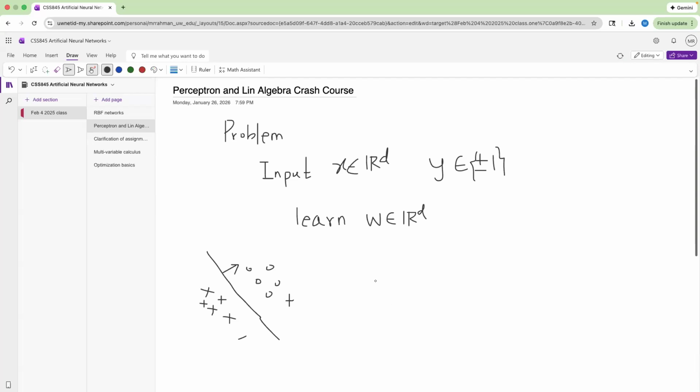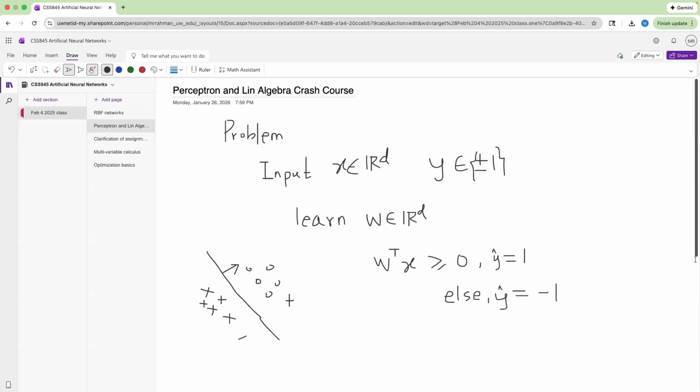The rule is that we take an inner product between our vector of weights that we need to learn and the input. If this is greater than or equal to zero, we predict the label is one, and else, if the dot product is less than zero, then you predict minus one.